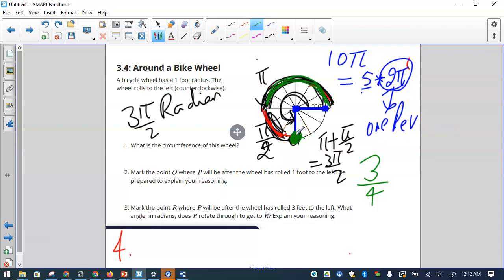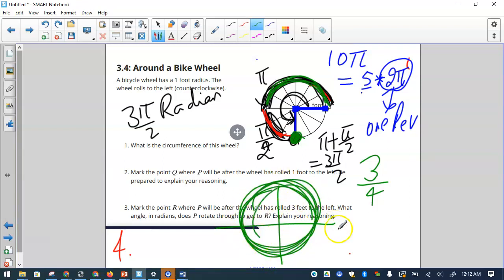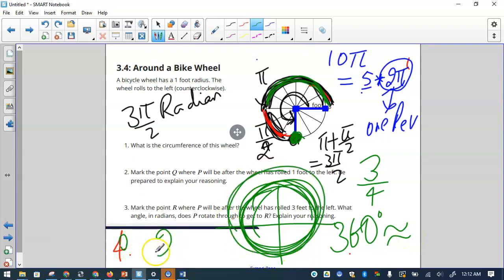I hope this helps you understand what is going on here. Instead of saying the whole round is 360 degrees, we now write it in radians because it completes 2 pi. So this is 2 pi radians.